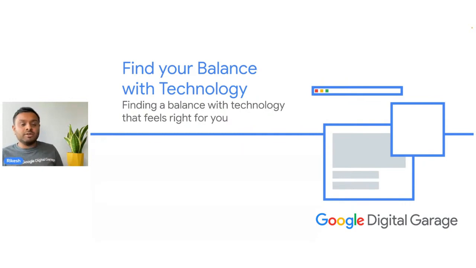So with that in mind, in terms of what I do, I tend to spend probably more than the average person with technology. I tend to spend a lot of time on the devices that I have, whether that be a laptop, a tablet, or a smartphone.